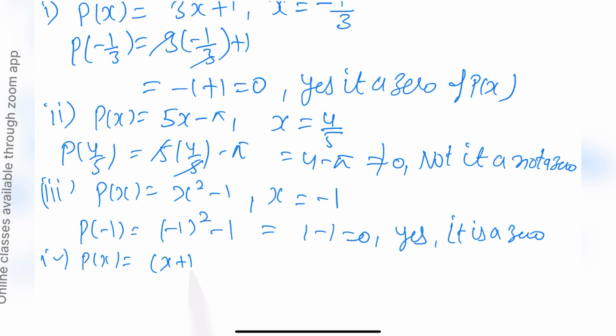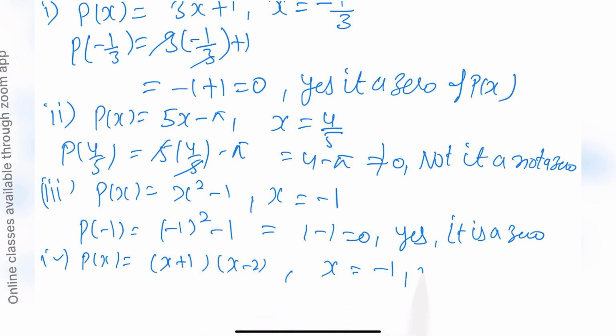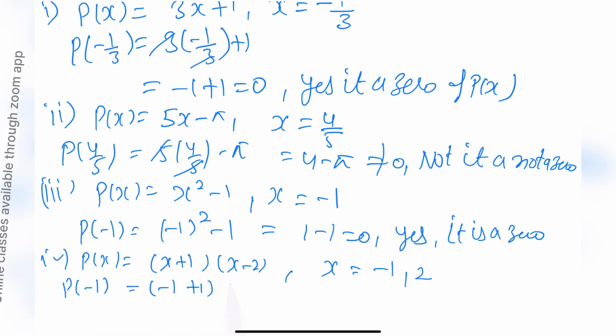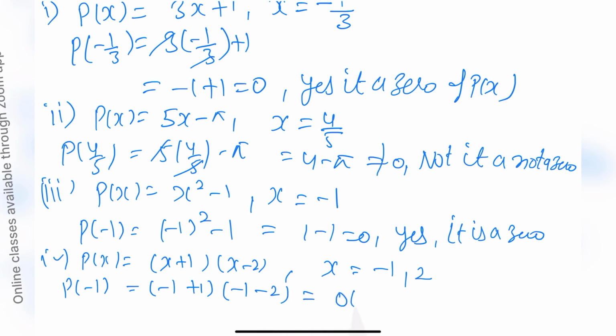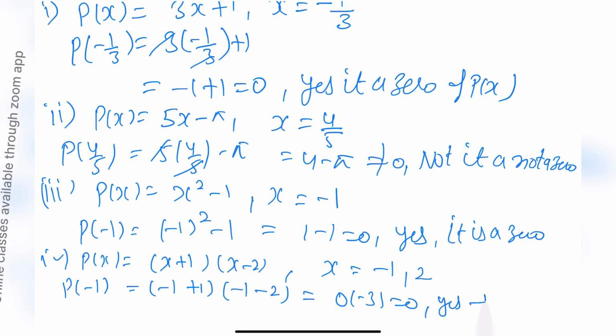Fourth part is P of x is equals to x plus 1 into x minus 2. We have to check x is equals to minus 1 and 2. So first we are going to put P of minus 1. So minus 1 plus 1 into minus 1 minus 2. This is equals to 0 into minus 3 is equals to 0.